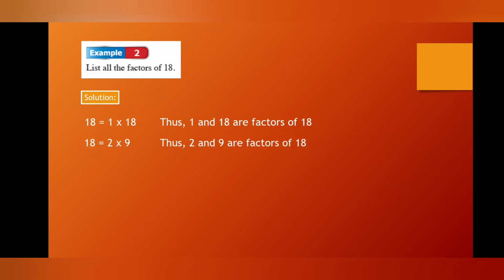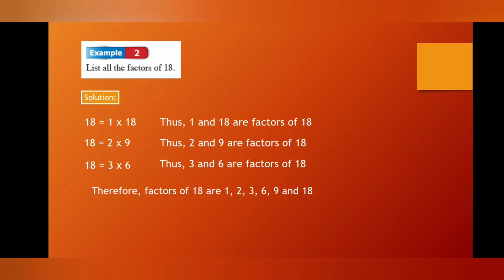Thus, 2 and 9 are factors of 18. 18 equals 3 multiplied by 6. Thus, 3 and 6 are factors of 18. Therefore, factors of 18 are 1, 2, 3, 6, 9 and 18.